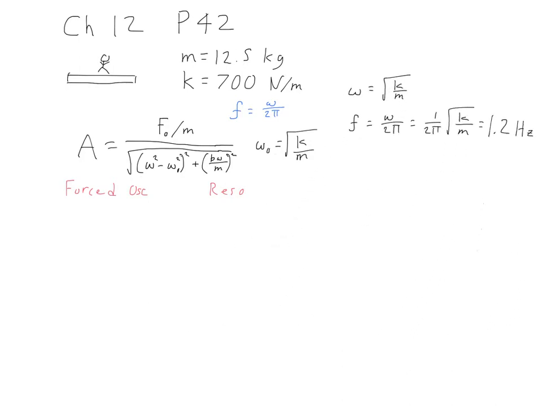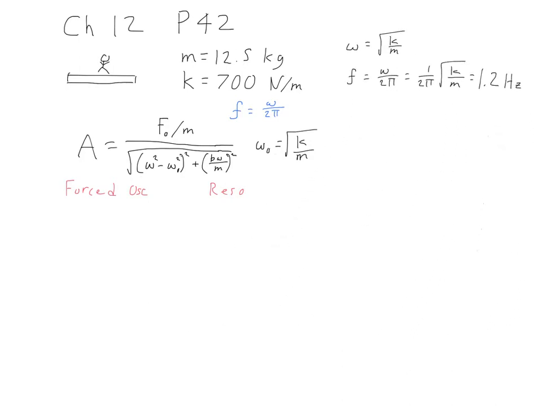Well, think about it in the following way. Instead of the baby here, let's imagine you just have some sort of a spring and a block. And let's suppose that the block isn't actually attached to the spring.